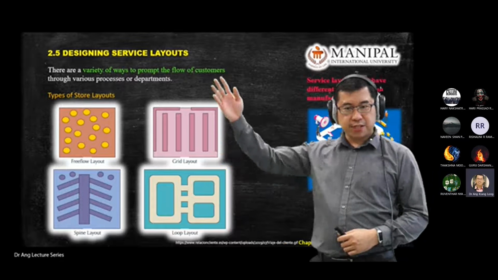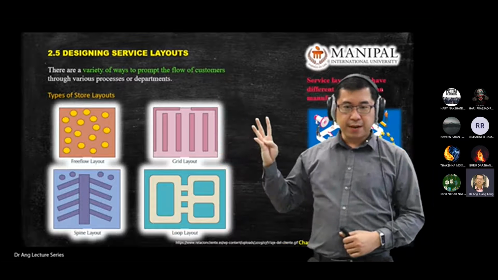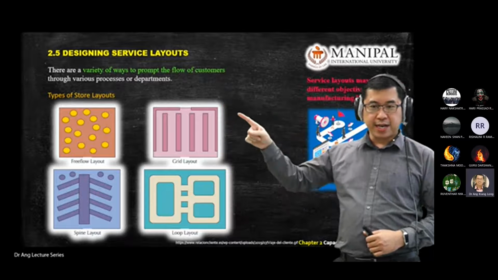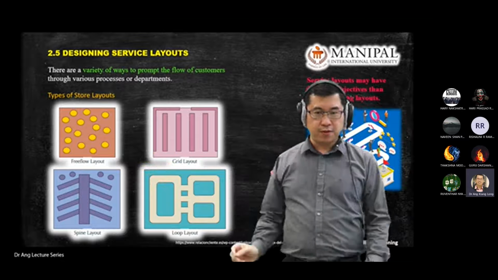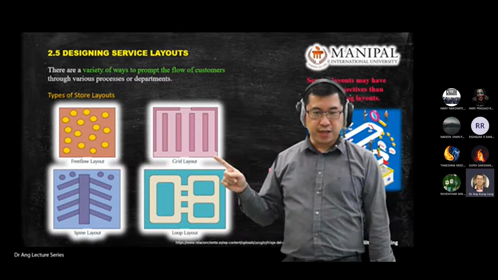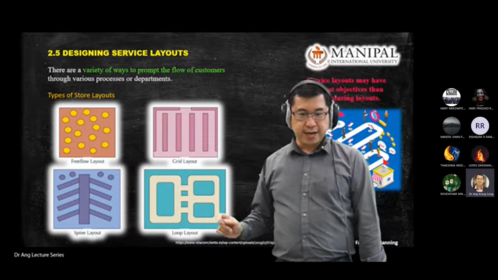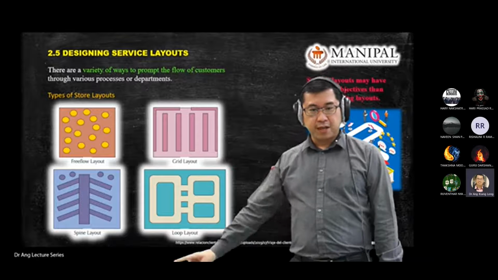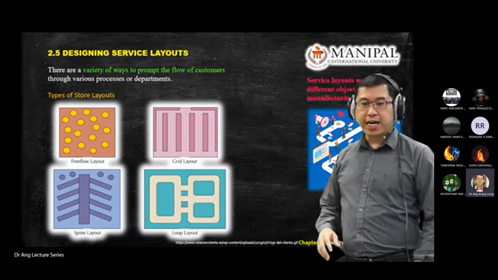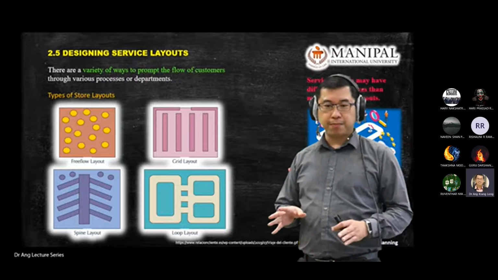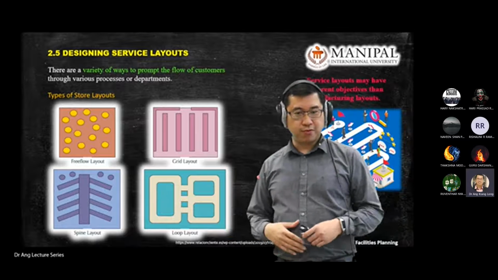So under service layout, you have four types of store layout that you can use: free flow, grid layout, spine layout, or loop layout. By the diagram and the name itself, I think you can relate to what kind of business or shop you have been to, right?